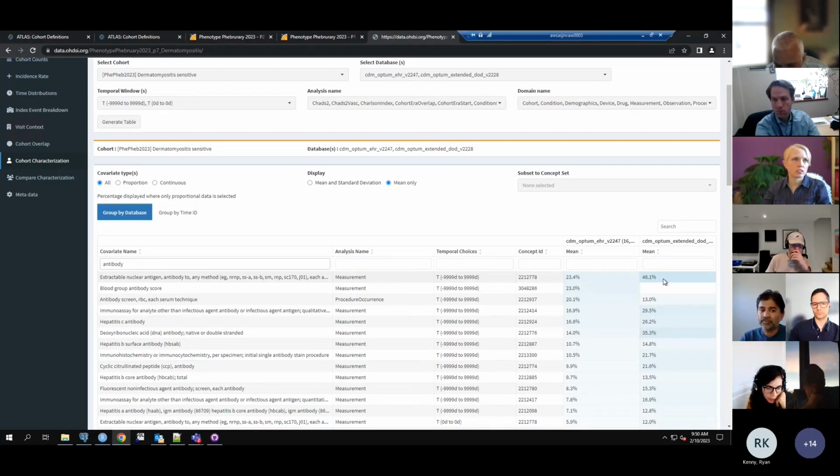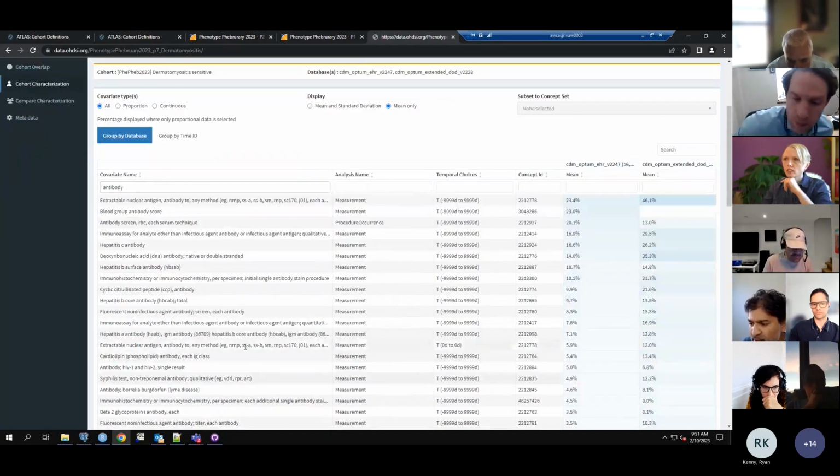You also have other concepts that sound semantically repeated. You had the antibody screen. So this is just one code. When we add up these individual relevant concepts, the proportion may go up.